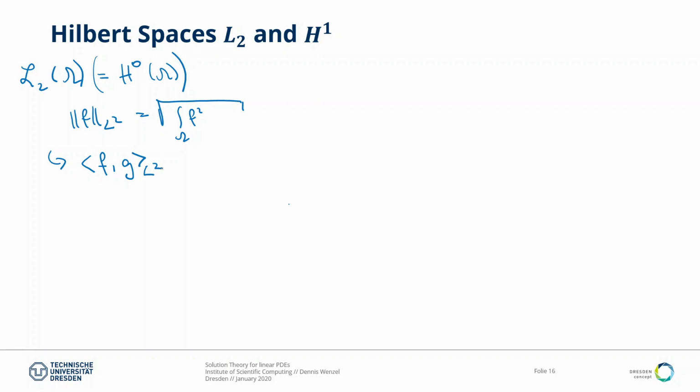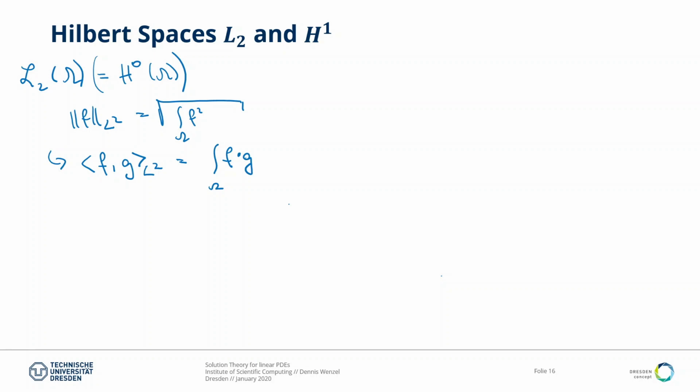And we want to construct it in a way such that if we plug in f into both components, we arrive at this norm that we have just written down. And what you need to do for that is pretty simple. You need to take an integral of f times g, and that's it. And then you see right away, if you plug in f in both components, that gives you an integral over f squared, so that the square root of the scalar product of f and f gives you your norm.